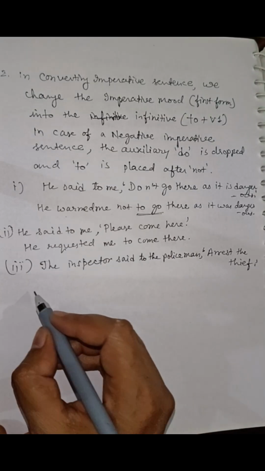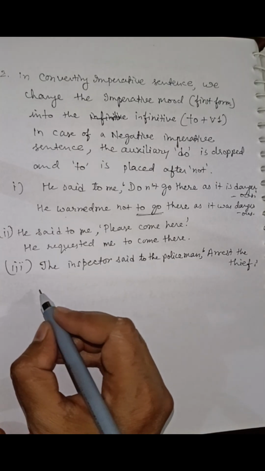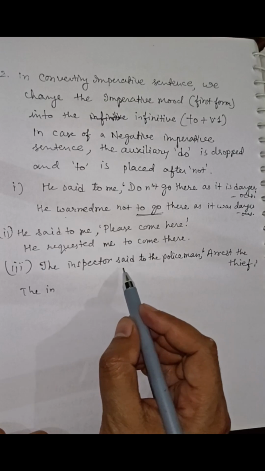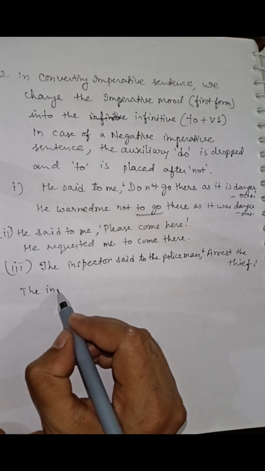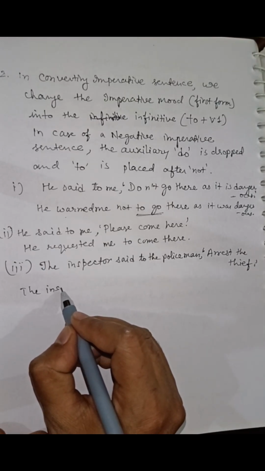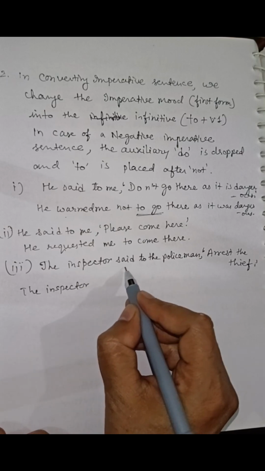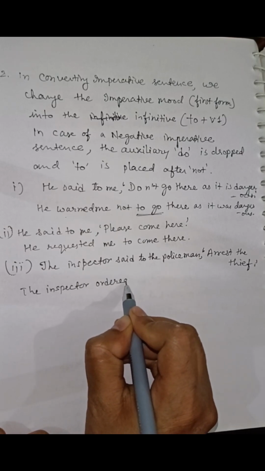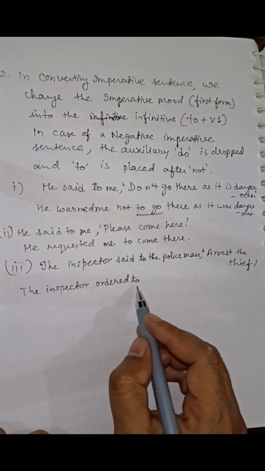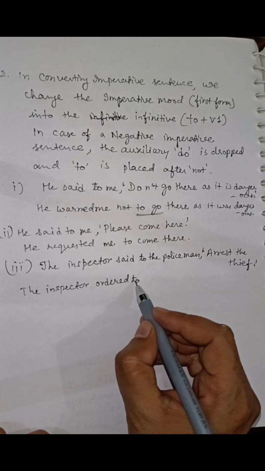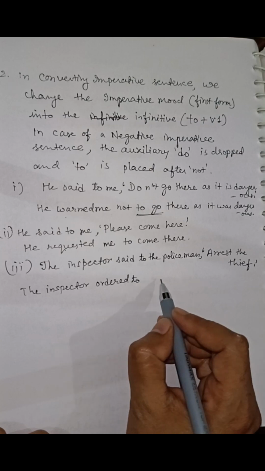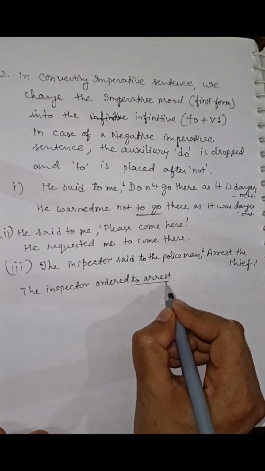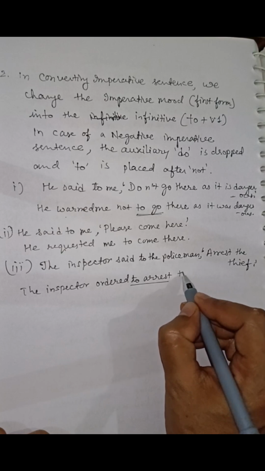So the inspector ordered the policeman, because it's a kind of order from a senior. The policeman has got to arrest the thief. The inspector said to will be replaced by the word ordered. To and infinitive will be used, right? To plus verb's first form, to arrest the thief.